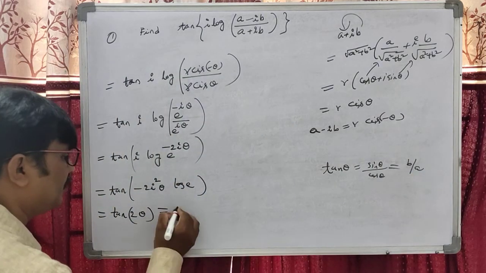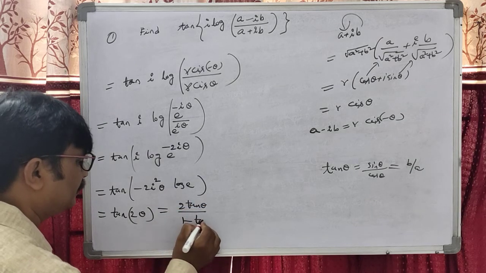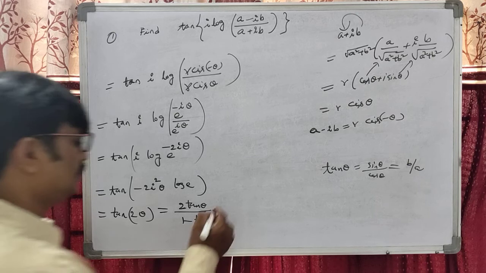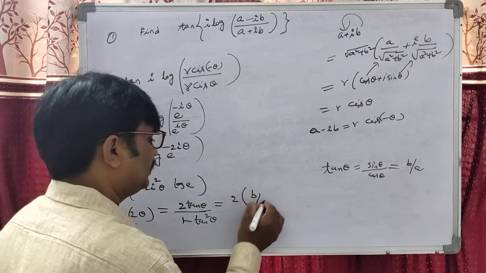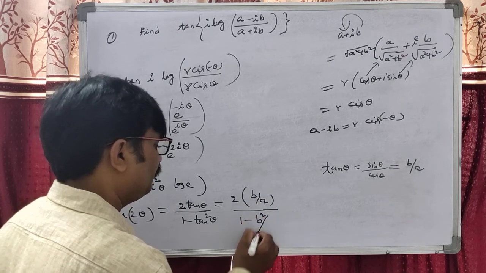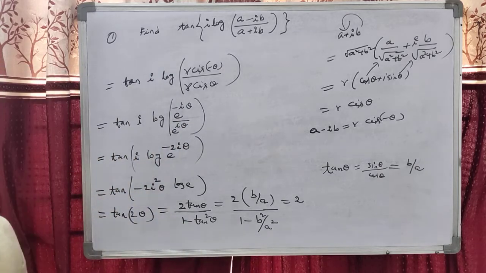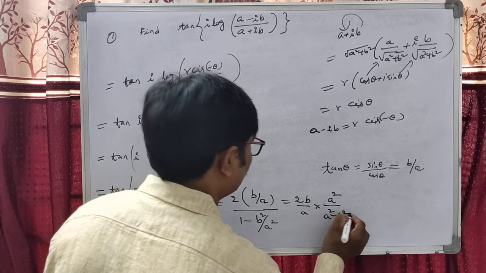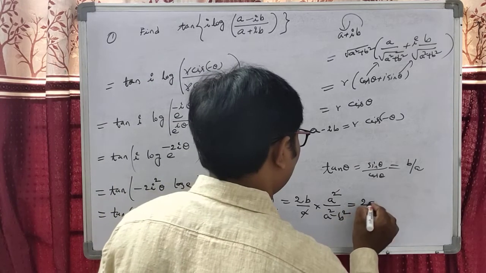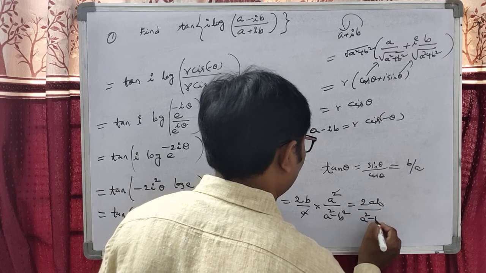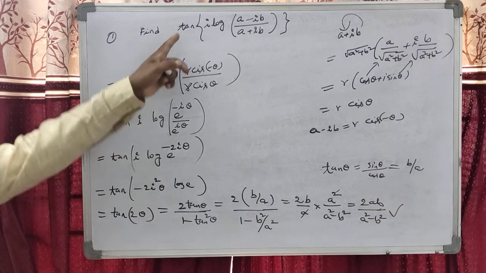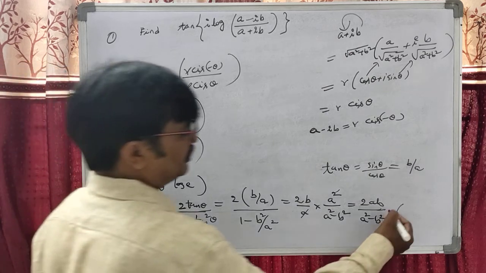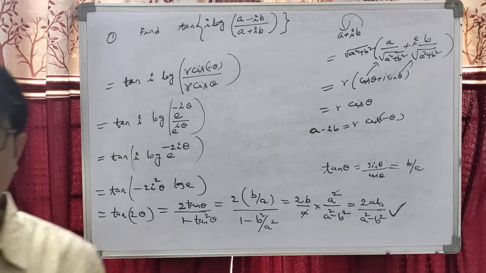So tan 2θ, everybody knows, is 2 tan θ by 1 − tan²θ. Tan θ is b/a, so this is 2(b/a) upon 1 − b²/a², which is 2b/a times a²/(a² − b²). One a cancels, so we can write 2ab/(a² − b²). This is the value of tan 2θ.